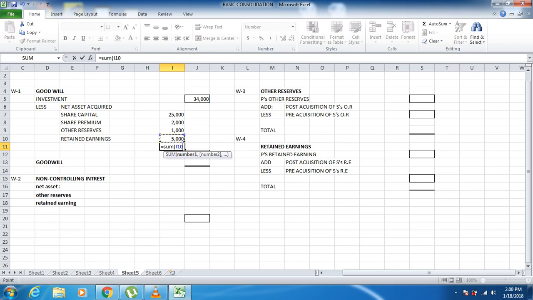This is the sum of total net assets of the subsidiary.